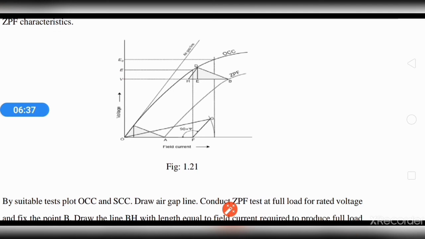Here we require three lines: the air gap line, OCC and zero power factor line, and finally we can get the final result for the voltage regulation, which is highly accurate to the actual value. So this is all about the last part of the voltage regulation calculation for alternator. Thank you very much.